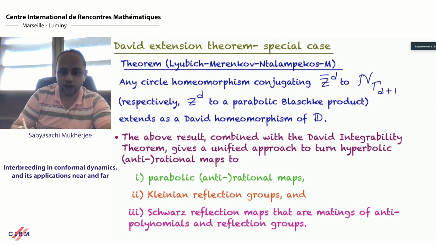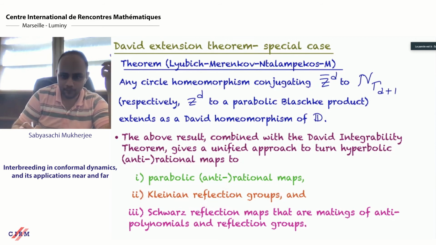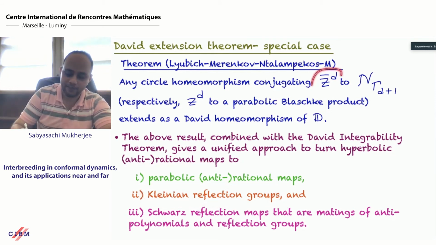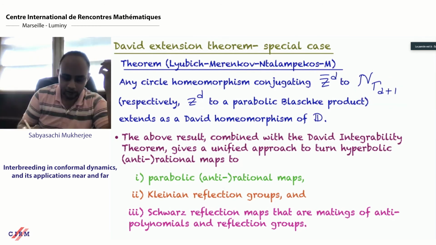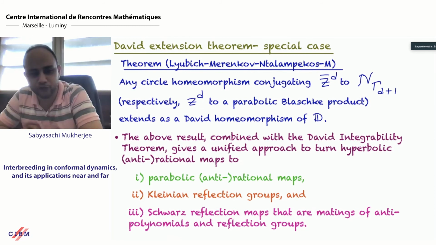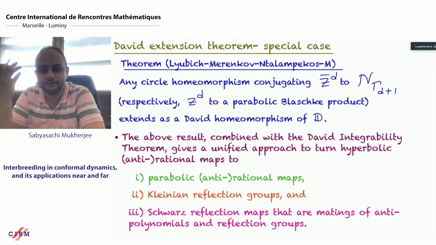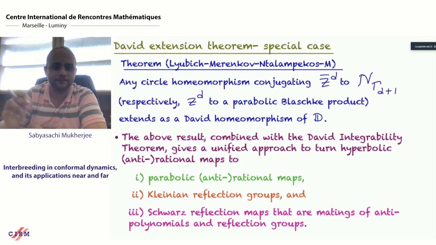You can go from a hyperbolic rational map to a Kleinian reflection group by replacing expanding Blaschke products by Nielsen maps of reflection groups. And you can also produce Schwarz reflection maps that are matings of antiholomorphic polynomials and reflection groups this way. So this gives you a strong hammer that allows you to go from a hyperbolic setup to a parabolic or mixed setup.